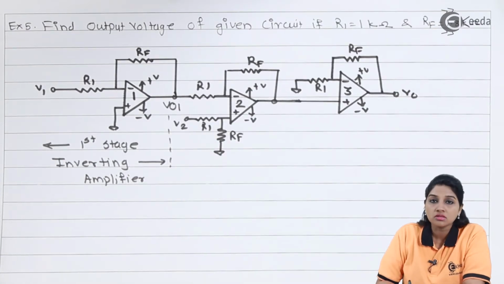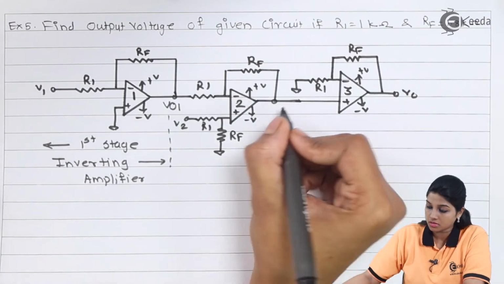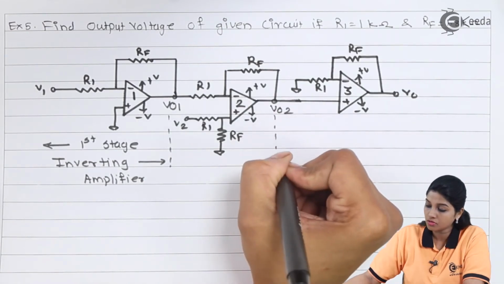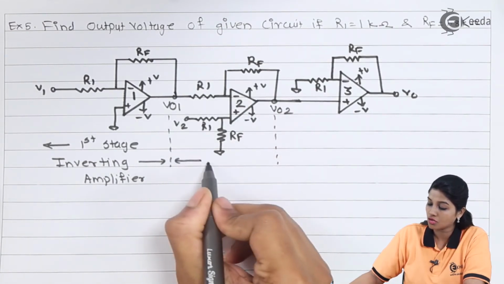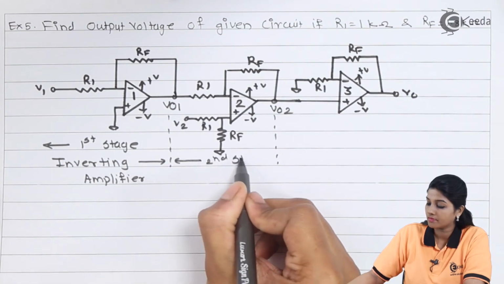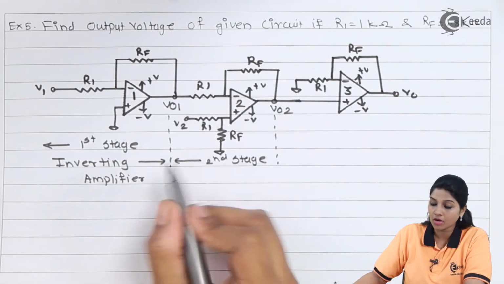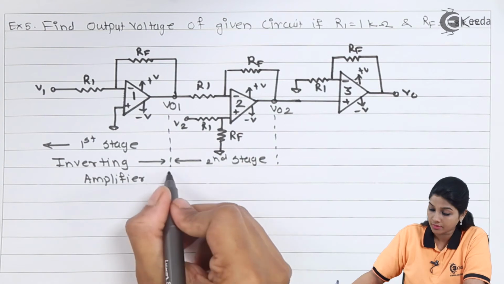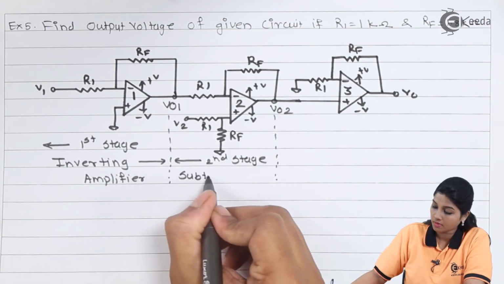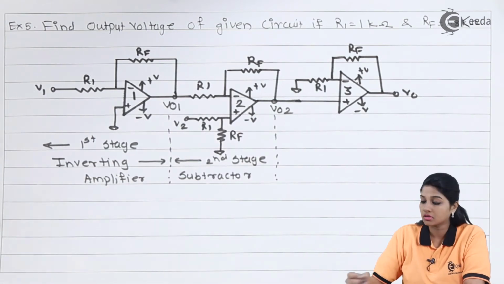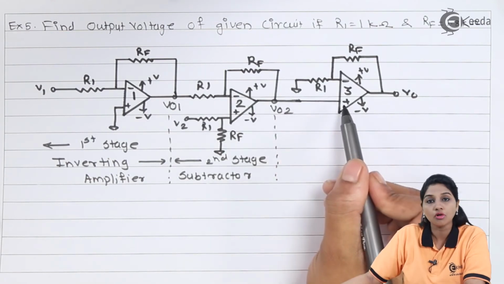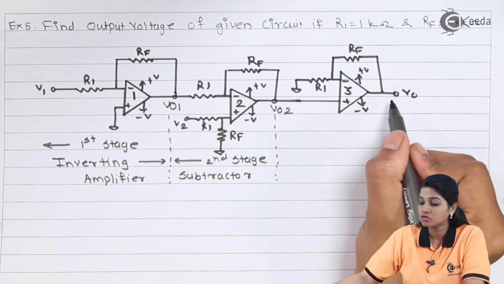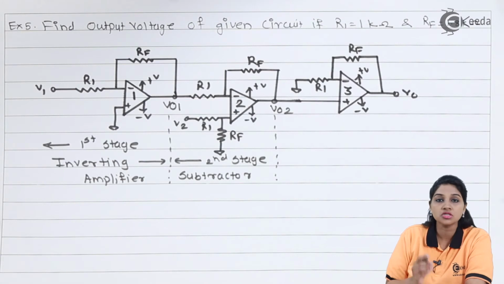So we can say the circuit is similar to the subtractor circuit. So till VO2, the second stage consists of subtractor, or we can say difference amplifier. And the third circuit in which VO2 is applied to the non-inverting terminal of the op-amp. So the final output, that means third stage, is nothing but the output of non-inverting amplifier.